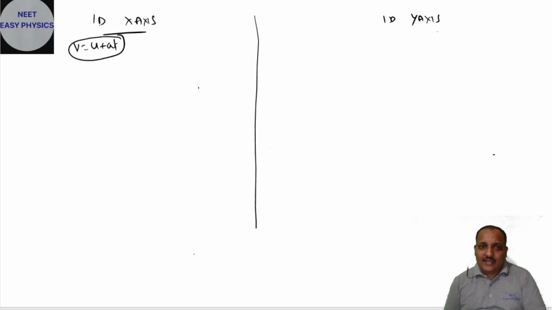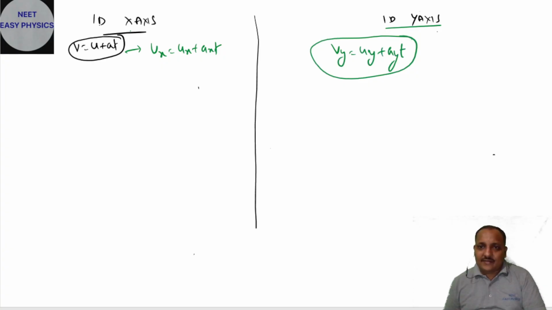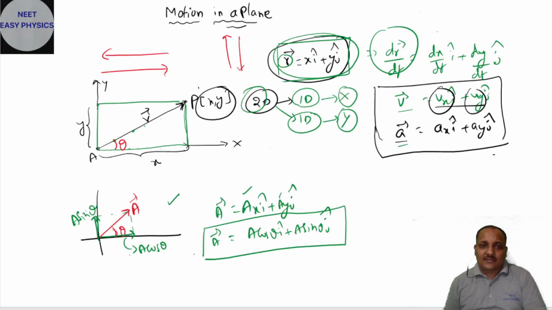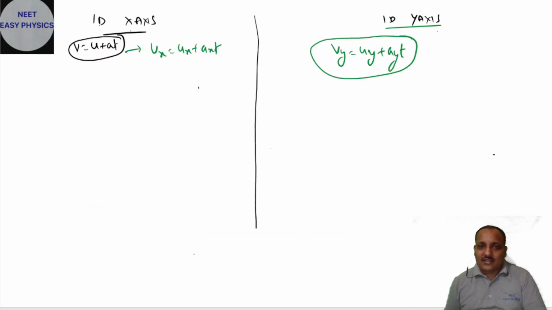Along the x-axis, Vx equals ux plus axt. Along the y-axis, Vy equals uy plus ayt. Time will not change, because whenever the object moves from A to P, the x distance and y distance may be different, but the time is the same. Therefore, we cannot write tx t.